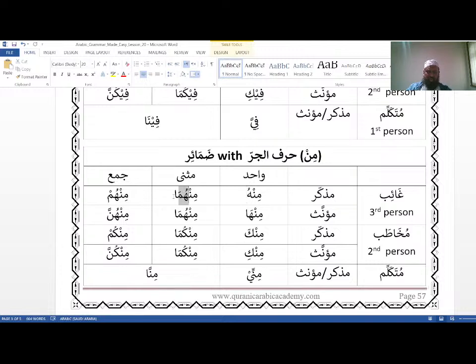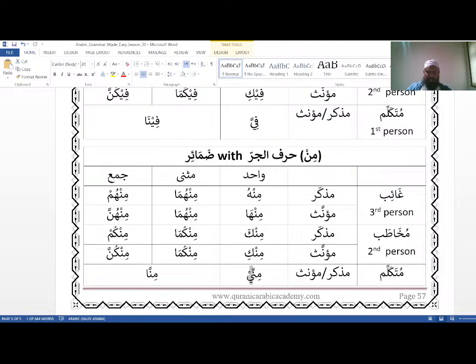Huwa, huma, hum. For muannas, third person ha, huma, hunna. Ka, kuma, kum, ki, kuma, kunna.